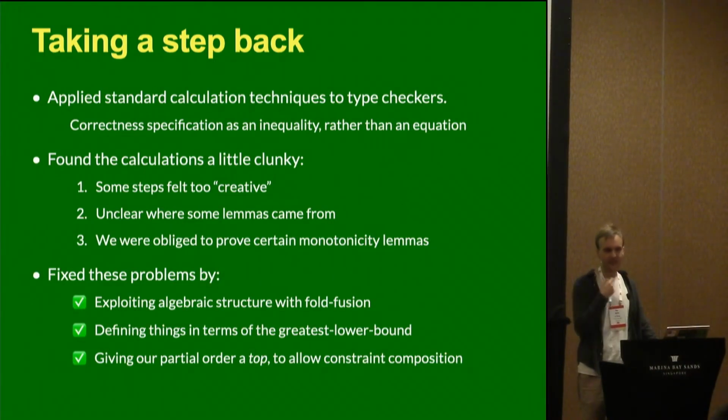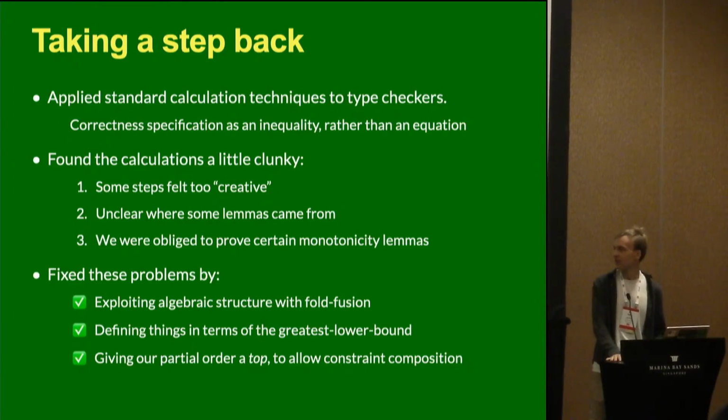Using these techniques in the plain standard way, we weren't totally satisfied. The calculations felt a little bit clunky, too creative, and we don't like being creative. It was a little bit unclear where some of the steps came from. And also this monotonicity issue, which is really annoying.